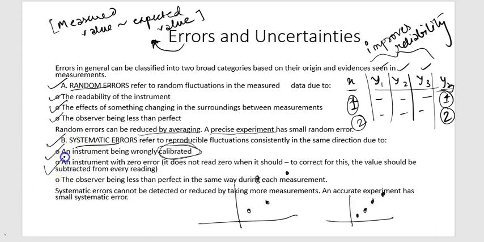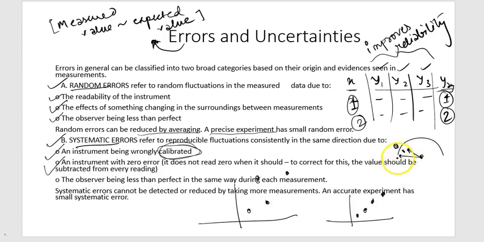Next, an instrument with a zero error. So sometimes you see that certain scales, especially in a meter, say this is the meter, the 0 is here, but the scale starts from here, or the pointer is here before starting the observation. This implies that this meter has zero error because the 0 does not align with the pointer at the start.